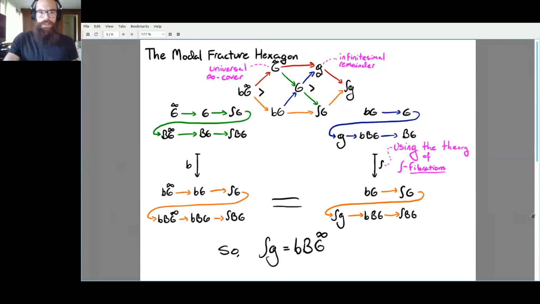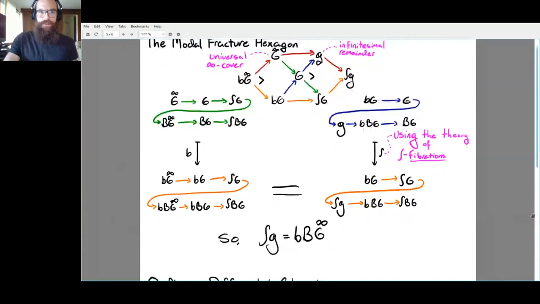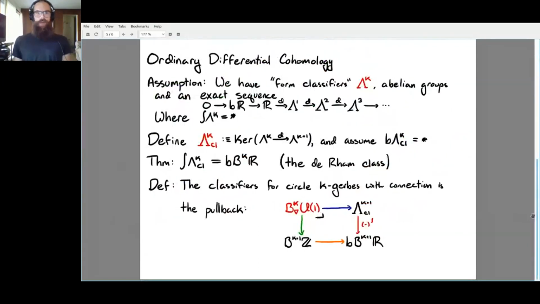I want to show how we can use this to do some more classical things. I want to show how we can go back to ordinary differential cohomology in this setting. It turns out that nothing about the modal fracture hexagon had anything to do with differential structure. It's all about these adjoint modalities and comodalities.